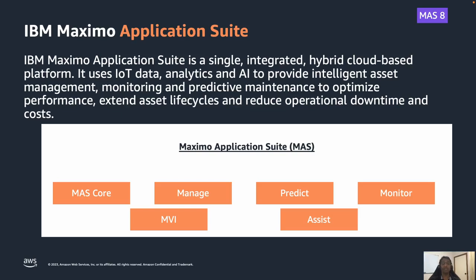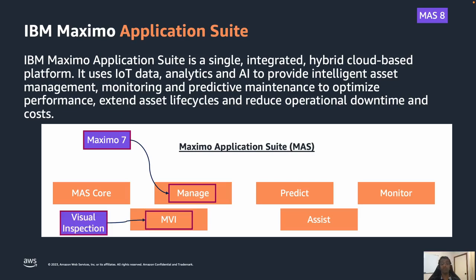Let's have a look at what that means. We looked at Maximo 7 before. Maximo 7 in MAS now becomes Maximo Manage. IBM's visual inspection product within MAS now becomes MVI or Maximo Visual Inspection.